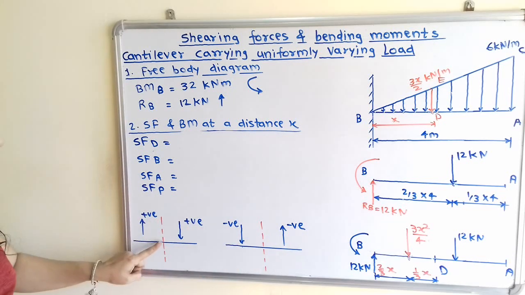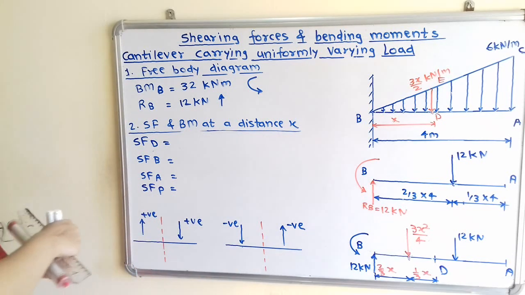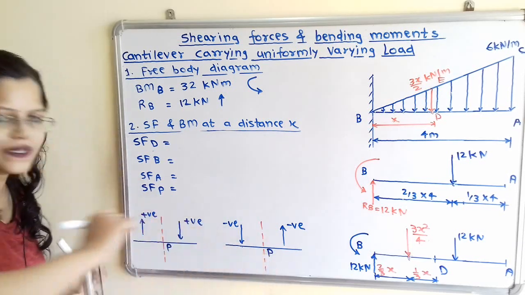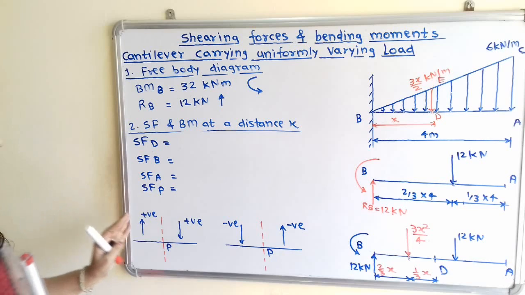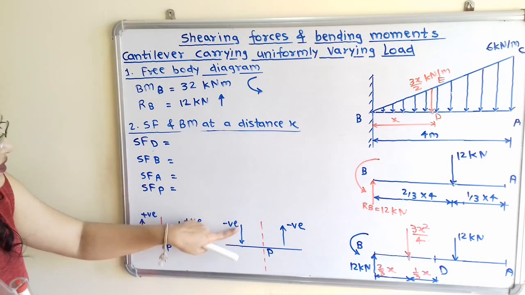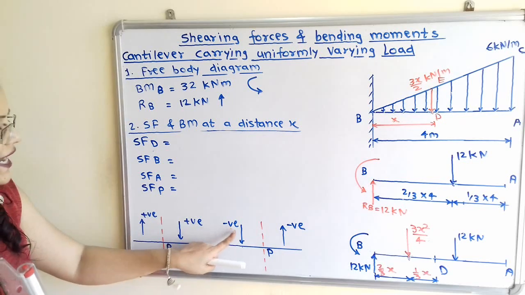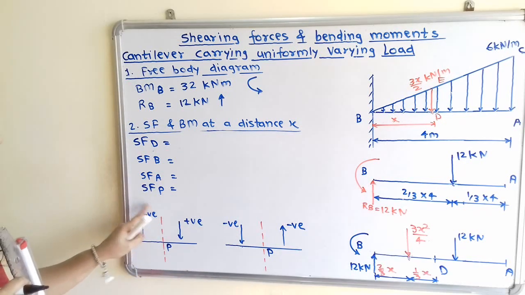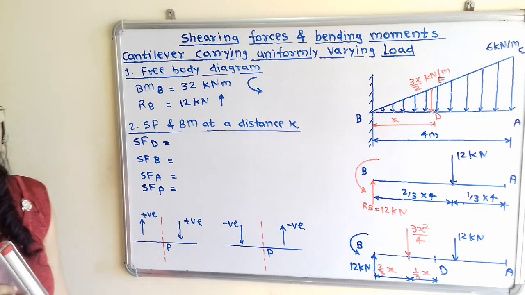So this point of intersection for this vertical and horizontal line we will consider as a point P. So when the forces are on the left hand side, and when forces are in downward direction, then we have to consider the negative sign, and when upward direction we have to consider the positive sign.